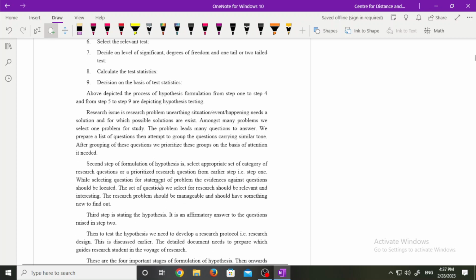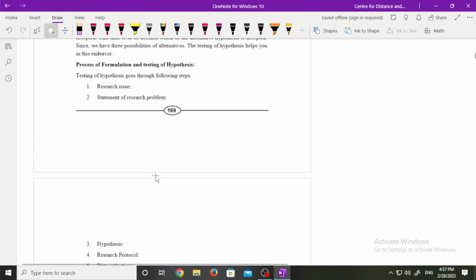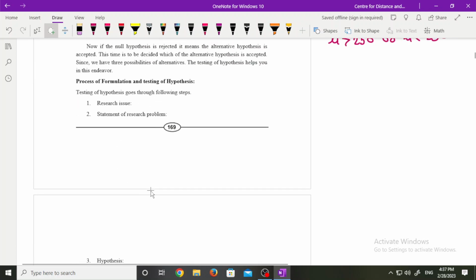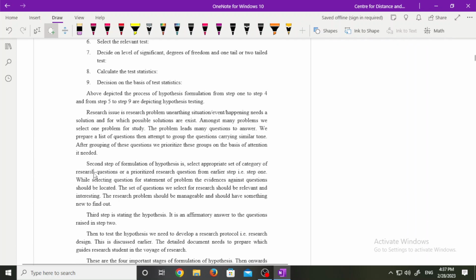Here in the first step, we have the research issue. Then in the second step there is the statement of research problem, that is, the second step of formulation of hypothesis is we have to select an appropriate set or category of research questions or prioritized research questions from the earlier step, that is step 1.